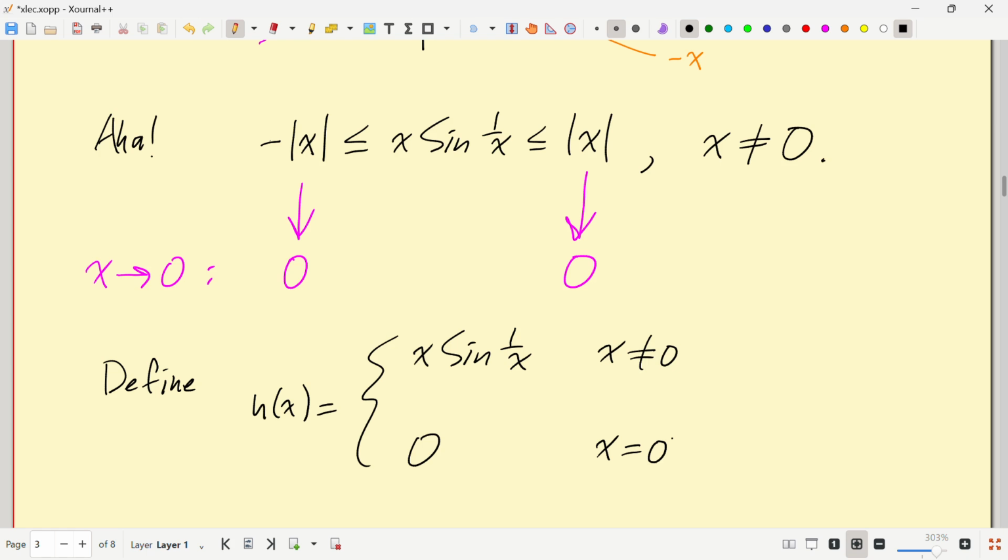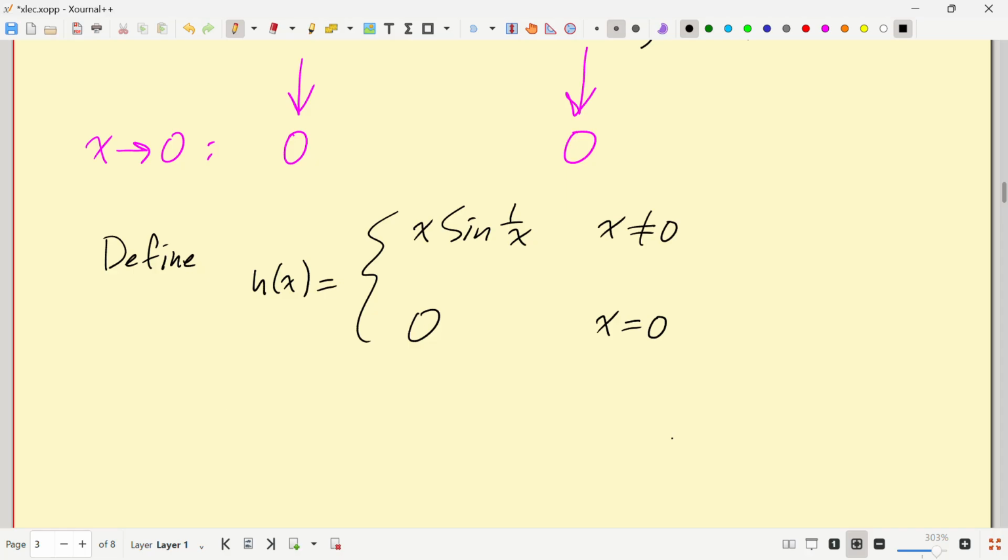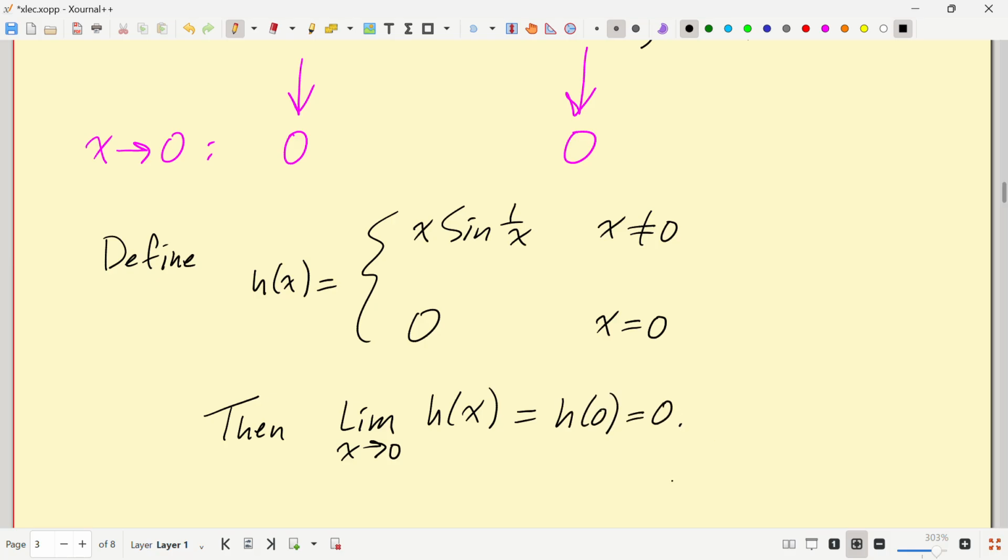Then it's nice to see that h is a nice continuous function. It doesn't do any jumping at the origin. And so with this h, the limit as x tends to 0 of h of x is equal to h of 0. There's going to be a word for that. It's going to be it's continuous.